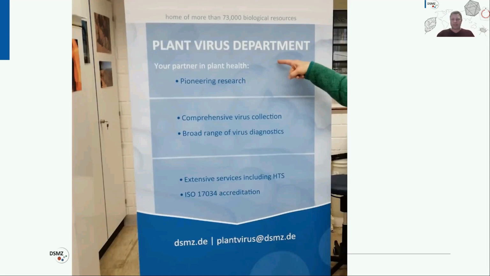We are proud to house an extensive collection of plant viruses and offer state-of-the-art diagnostic tools, like accredited ELISA tests or kits, or we perform virus discovery by next-generation sequencing or high-throughput sequencing. Our work is also at the forefront of virus research, from gene-level studies to understanding plant responses and diseases.